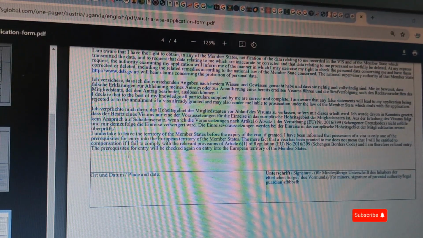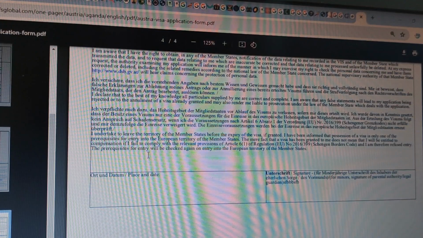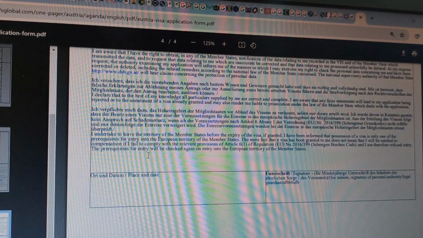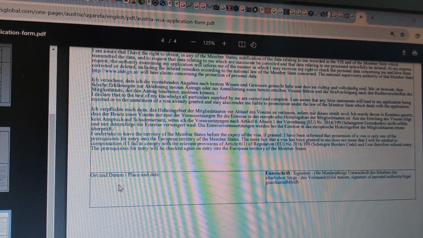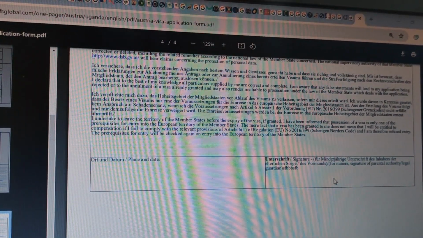The prerequisites for entry will be checked again on entry in the European territory of the member state. Place and date, and then you sign over here.